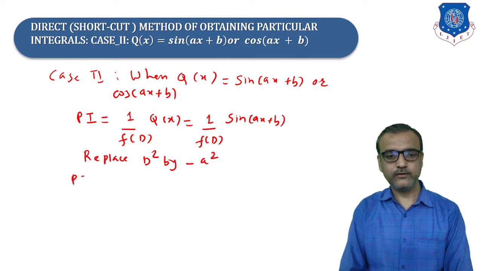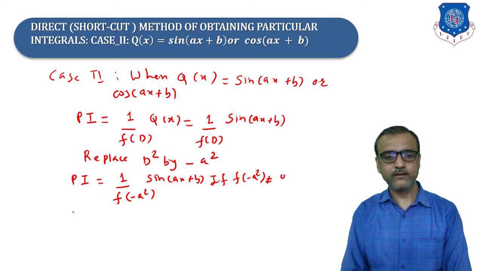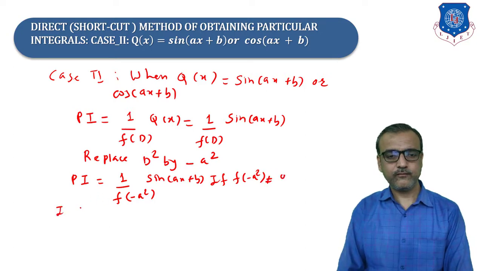So we have PI equals to 1 upon f of minus a square, sine of ax plus b, if f of minus a square is not equal to 0.